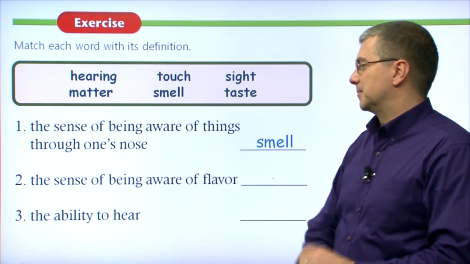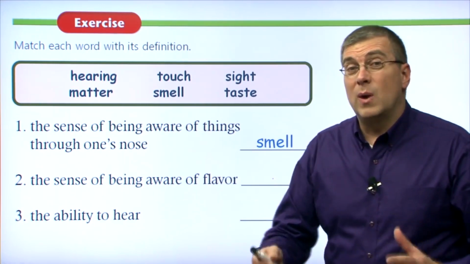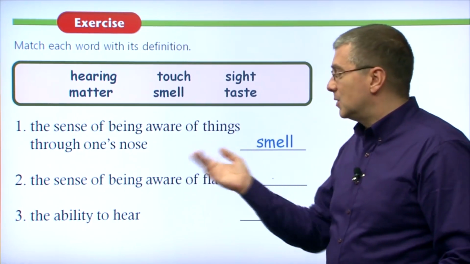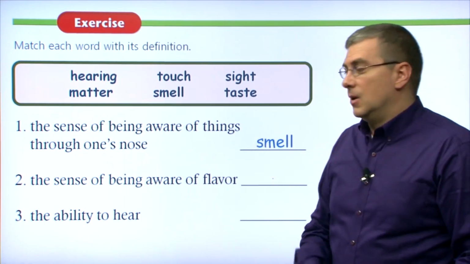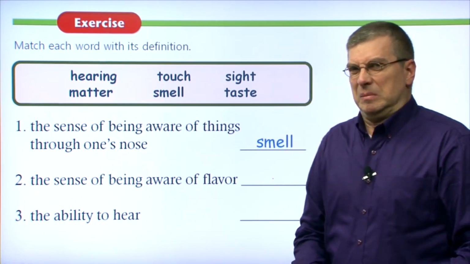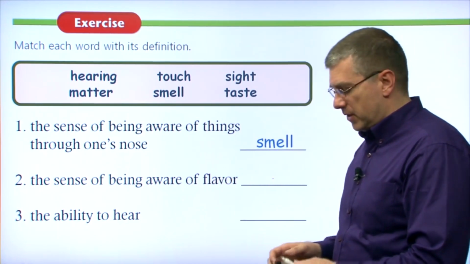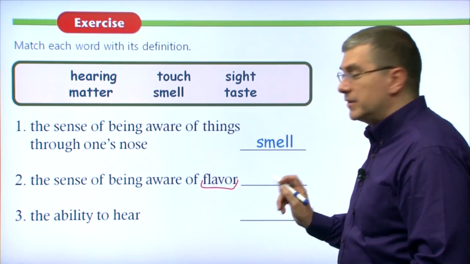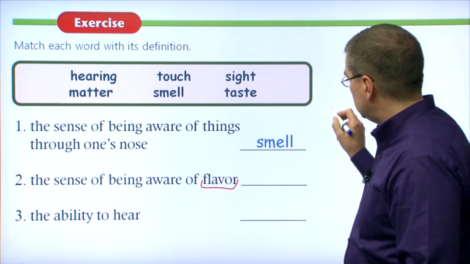Okay, number 2. The sense of being aware of flavor, right? When you use your tongue, okay, you lick some ice cream, right? Or you lick a lemon. You're becoming aware of the flavor of something. How does it taste?